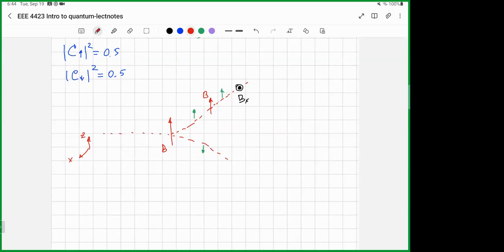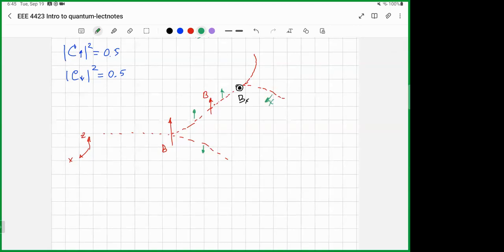After that, the beam gets split twice, like this, but in the x direction, with orientations of the spin in x.